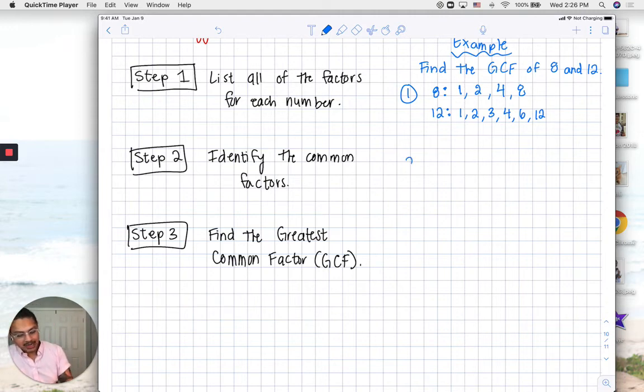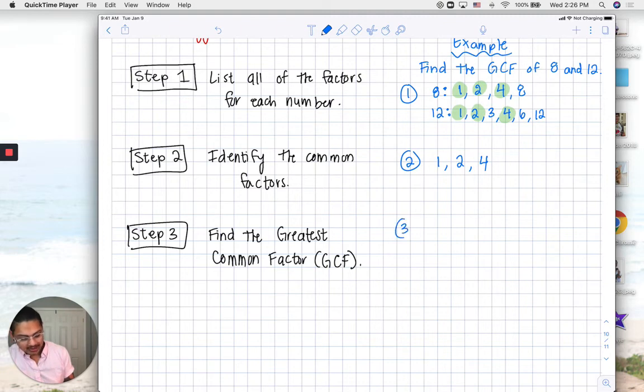Now step 2 asks me to identify or find the common factors. What numbers do they share? I see a 1 in both lists. I see a 2 in both lists. I also see a 4 in both lists. So I'm going to write those down. I see 1, 2, and 4. Those are the common factors.